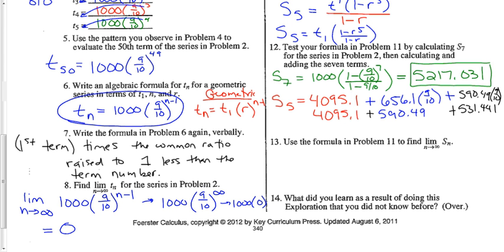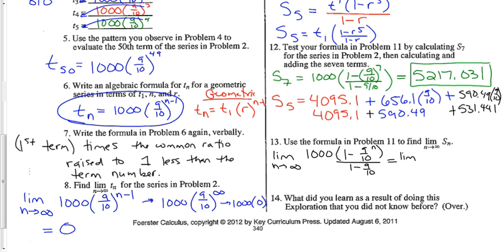So we're going to find our limit as n approaches infinity of 1,000 times 1 minus 9 over 10 raised to the n over 1 minus 9 over 10. So from here, we can work this out. 1 minus 9 over 10 is going to be 1 over 10.